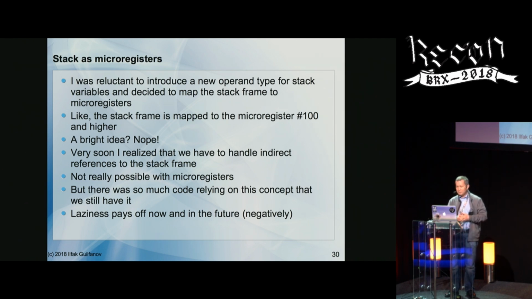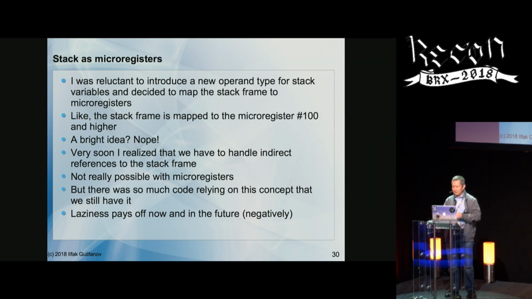I was lazy in the past and decided to use registers to represent the stack frame of the function. It was saving me additional work of writing logic to handle stack variables in addition to the logic that I already had with registers. It looked like a bright idea because everything would be considered as registers and things become simple.